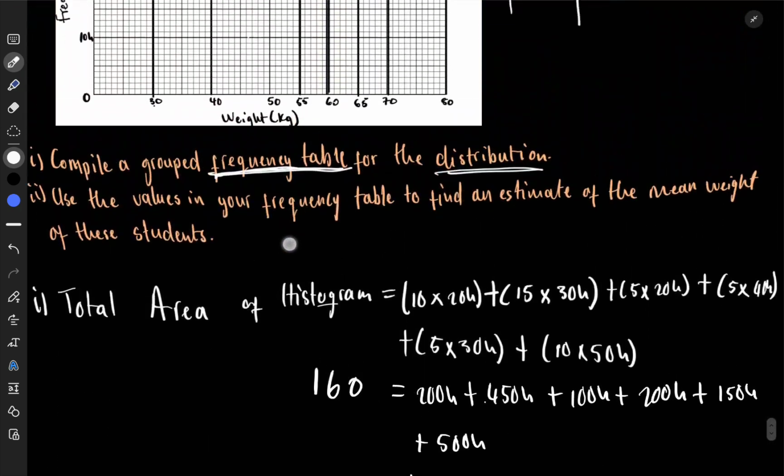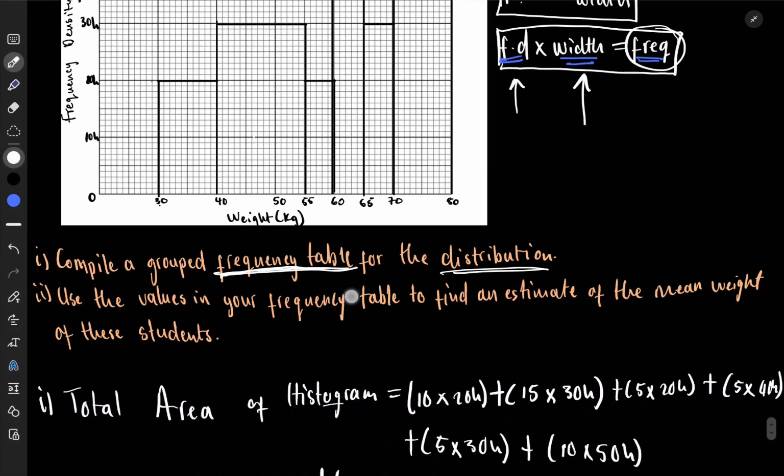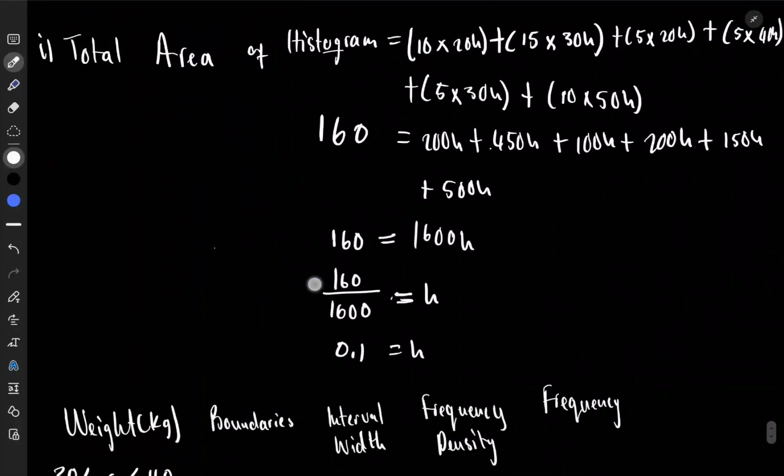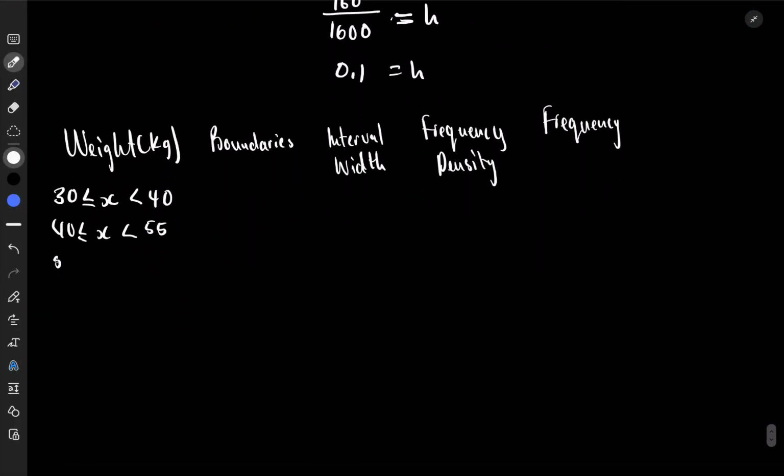Then what is the next one? It is 55 to 60, then 60 to 65, 65 to 70. So 55 less than or equal to X, which is less than 60. Then 60 less than or equal to X, which is less than 65. Then 65 less than or equal to X, which is less than 70.